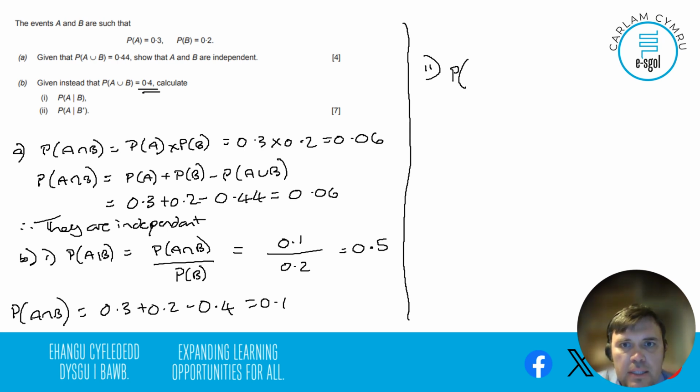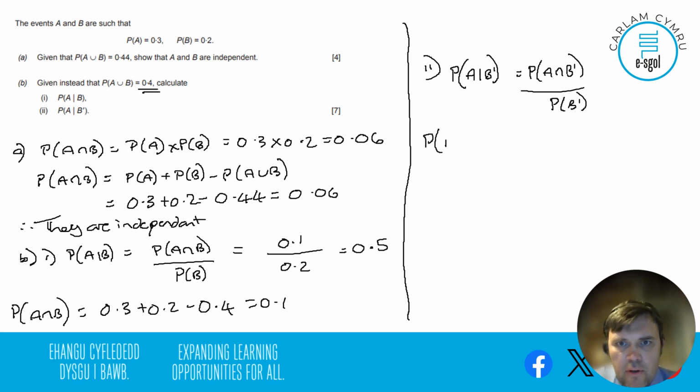The probability of A given not B is the probability of A and not B over the probability of not B. Well, the first bottom one we can easily do. So the probability of not B is 1 minus the probability of B. And since B is 0.2, this is going to give us 0.8.